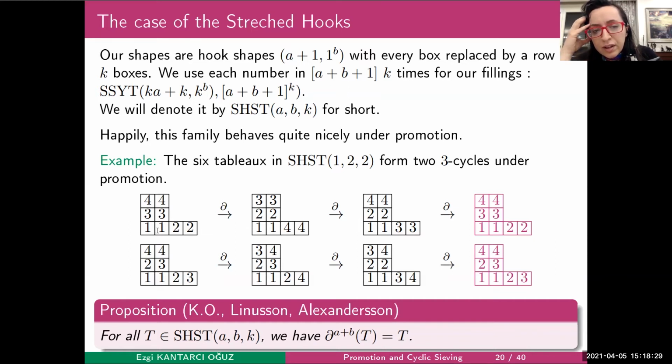The first K boxes of the first row is always where ones are going to be. They are not going to be moving. In fact, we can actually just get rid of the whole first row and think of it as promotion happening on the rows above. And they would have the alphabet a plus b.